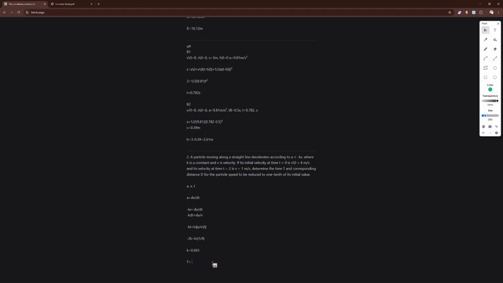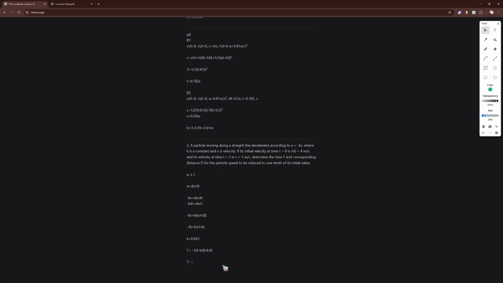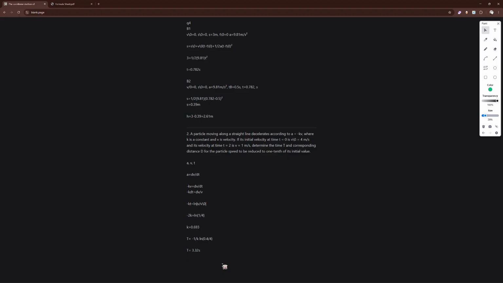You're going to have negative 1 over k times ln of, again, you can ditch the absolute values, 0.4 over 4. And k is 0.693. Solve for t, you are going to get 3.32 seconds. And now we need distance.